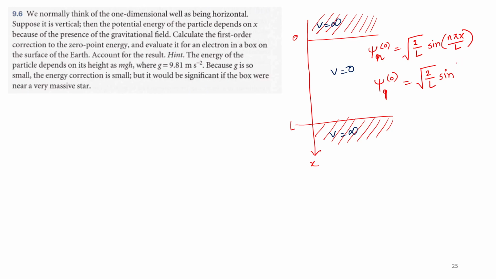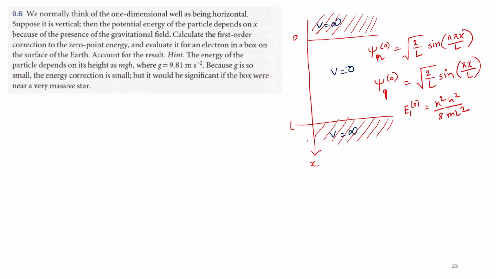There is nothing called n equals to 0, that is coming from the boundary condition itself. If you remember the derivation of the wave function for a particle in a box, and normally you know the energy is n square h square by 8 m L square.